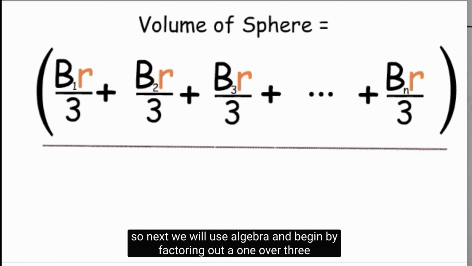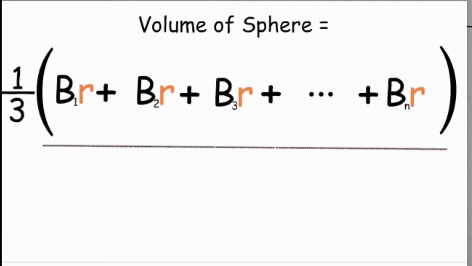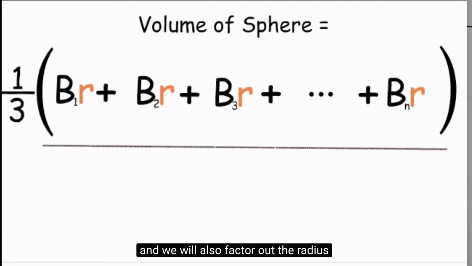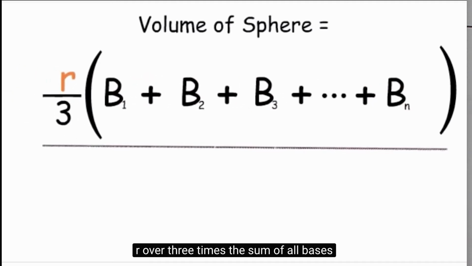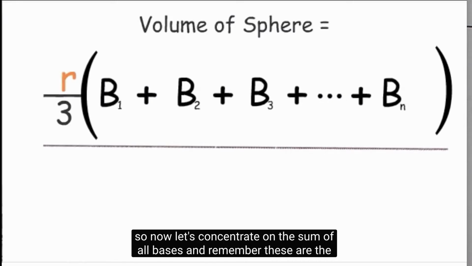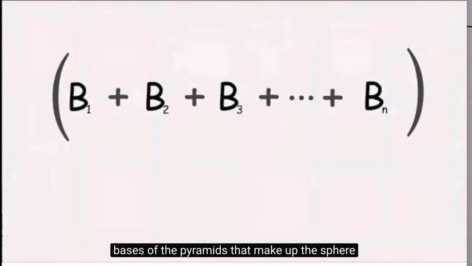So next, we will use algebra and begin by factoring out a 1/3, and we will also factor out the radius, giving us r/3 times the sum of all bases. So now let's concentrate on the sum of all bases, and remember, these are the bases of the pyramids that make up the sphere.